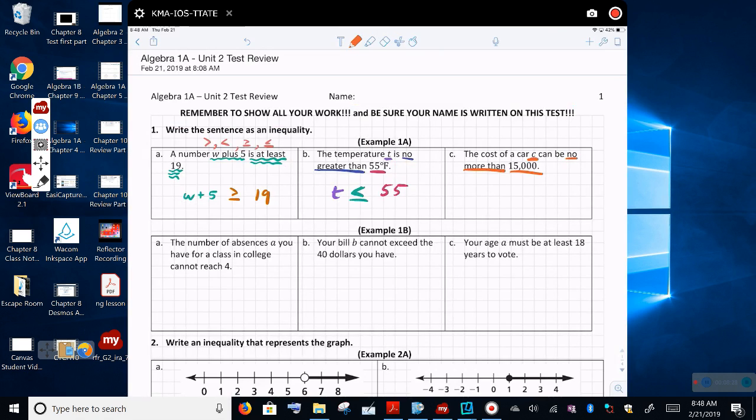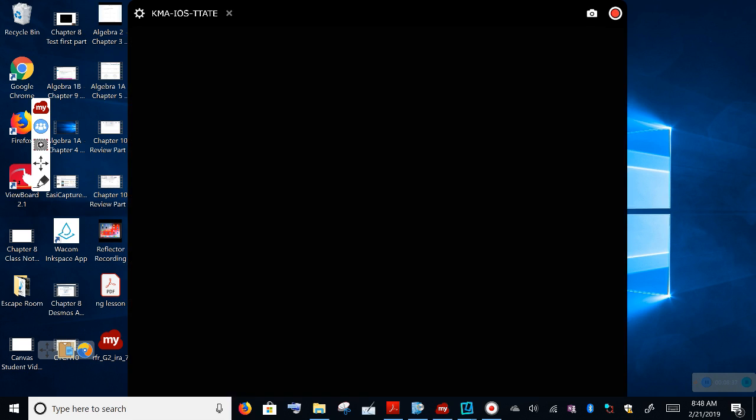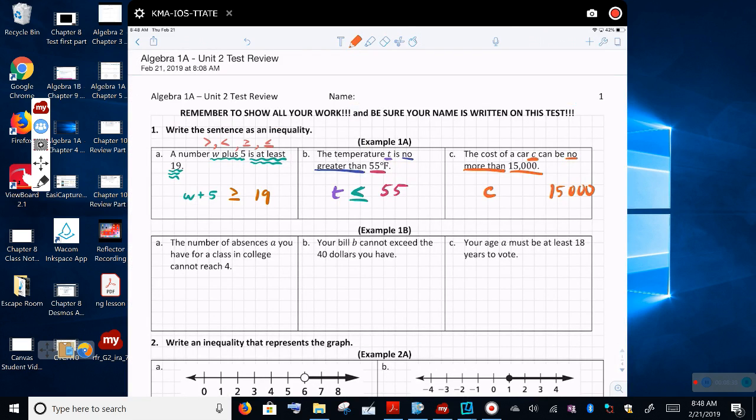Let's check it out. So my part is C, 15,000. Does anybody have a car or driving already? Are you guys driving? So you're hoping to drive soon? Okay. I didn't end up driving until I was a senior.